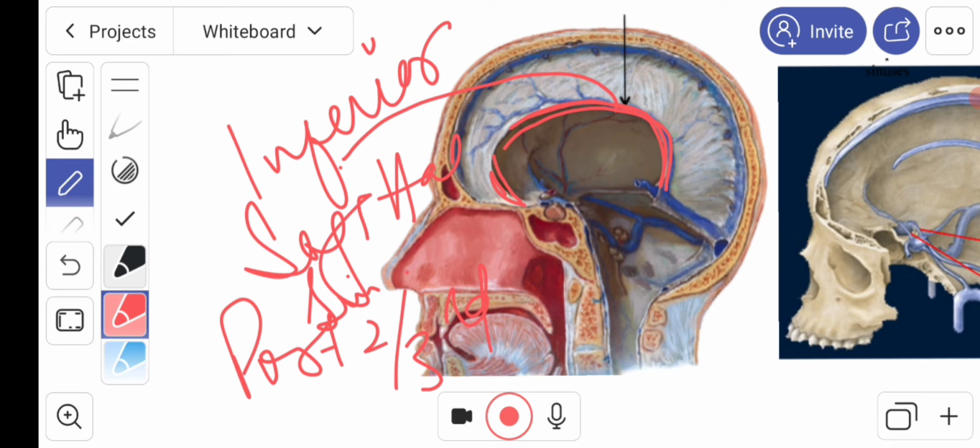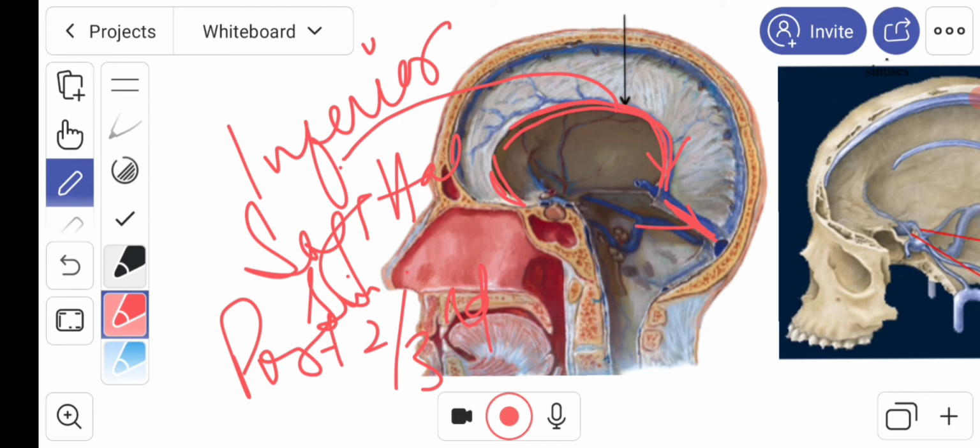It collects blood from the medial surface and from the falx cerebri, and it terminates into the straight sinus. This is the straight sinus.